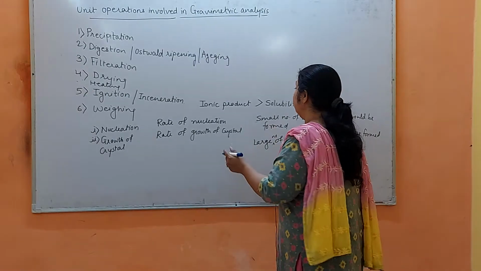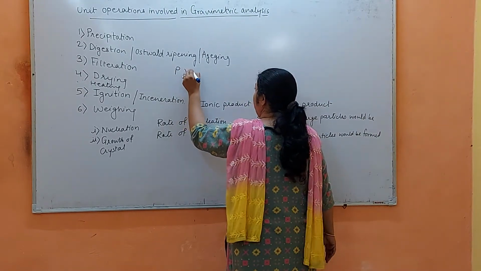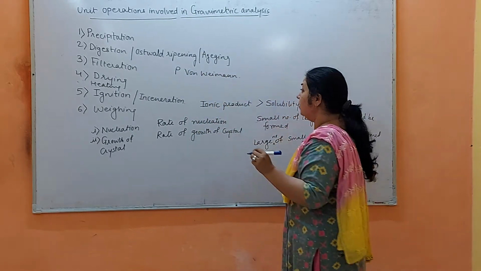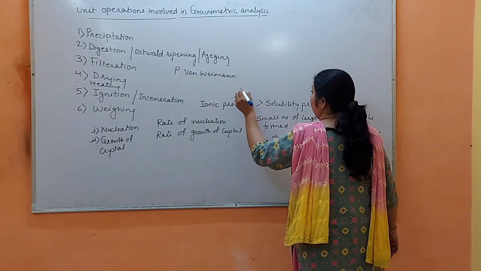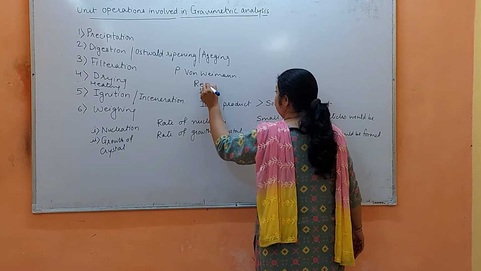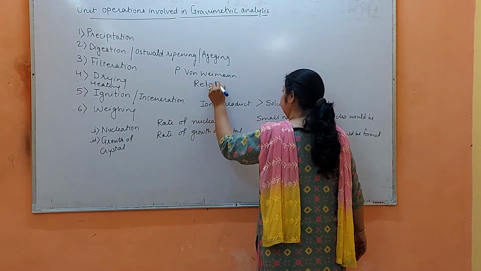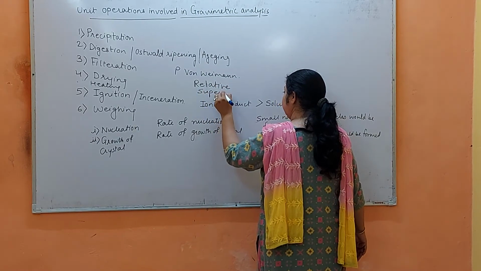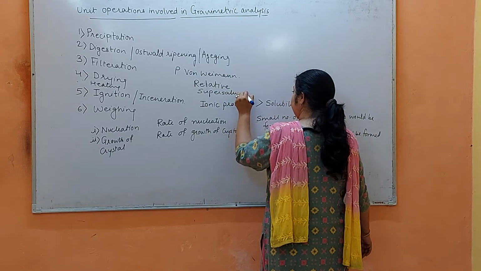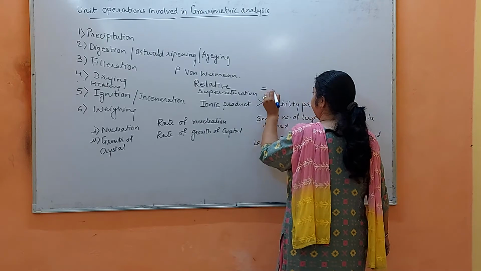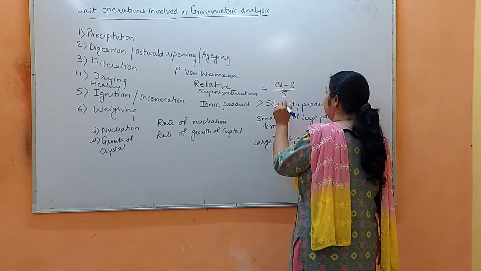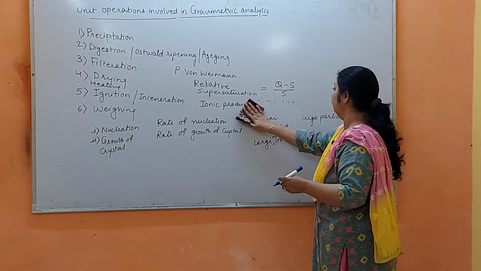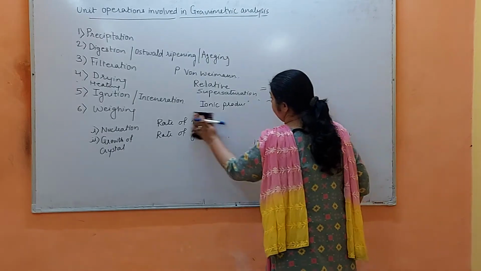Now see, as the precipitation starts, various factors such as temperature and solubility all play a role. So, von Weimarn was the one who correlated all the three factors and found the term relative supersaturation, Q minus S upon S. Q is the concentration when there is excess of reagent, and S is the normal solubility of the substance which is formed.